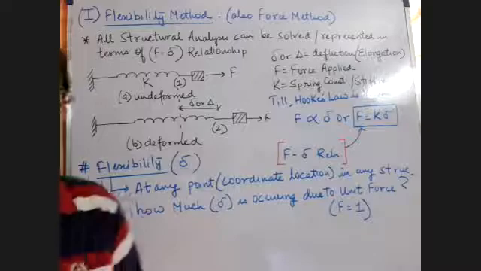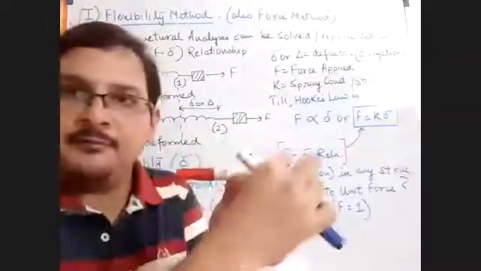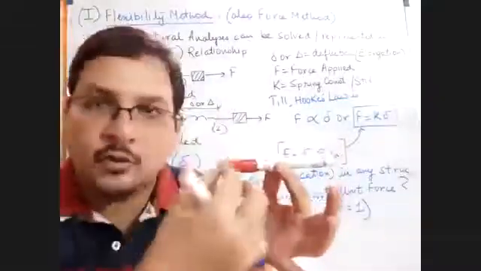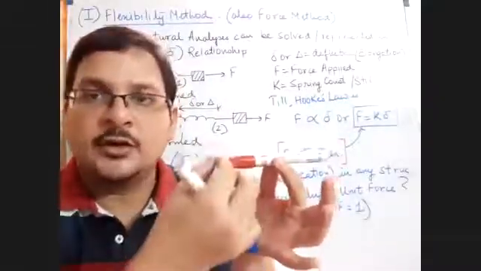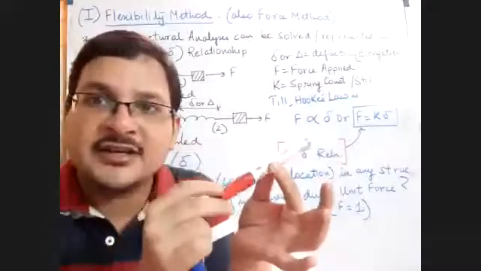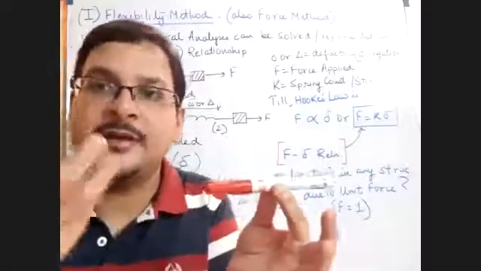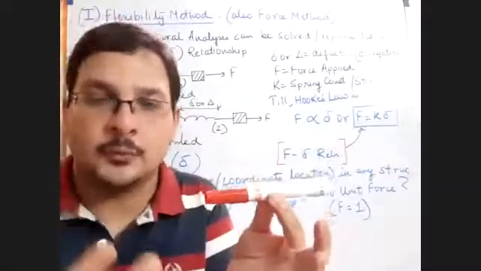At any point on a structure, let me take a beam. At any point on the beam, if I put a unit load or unit force in the beam, then what will be the deflection? Now displacement can be represented as deflection or slope.